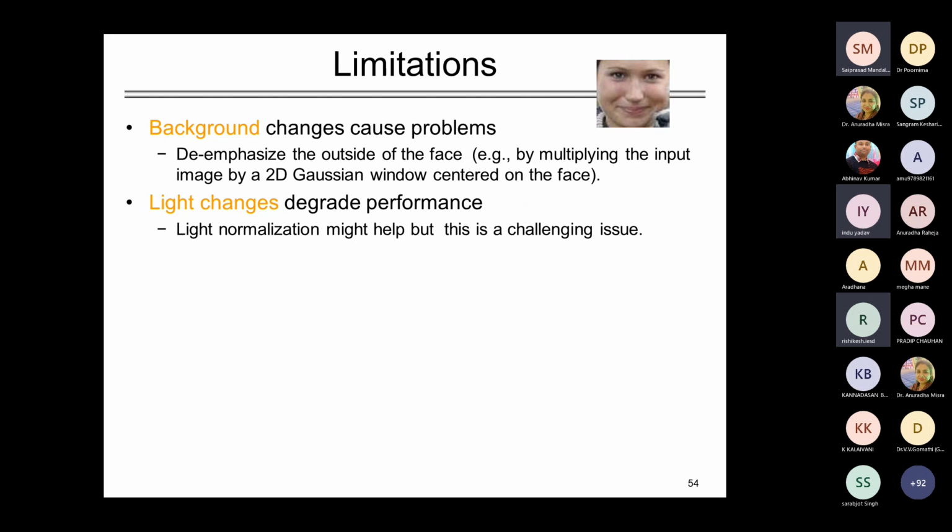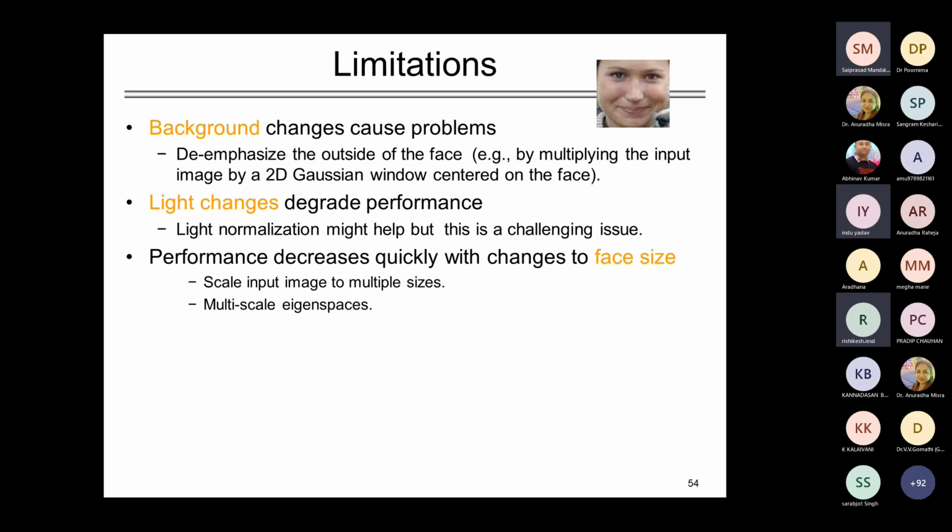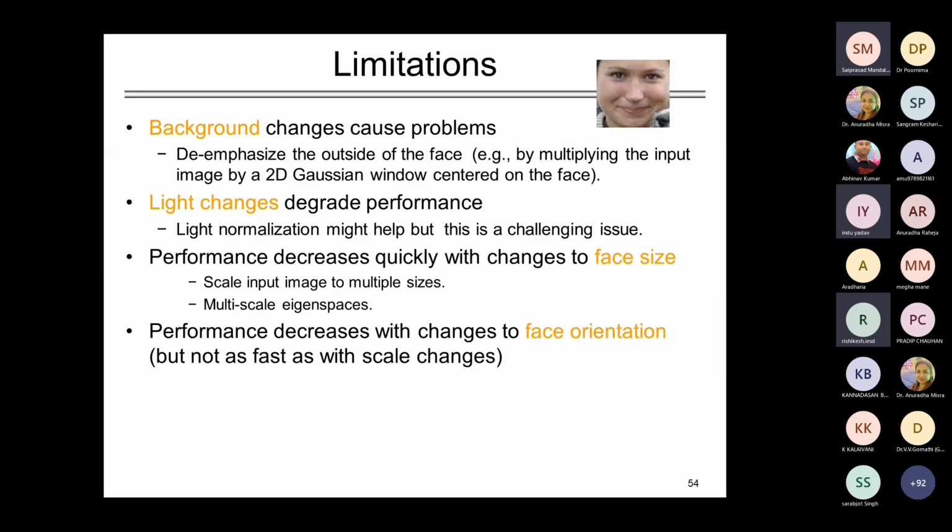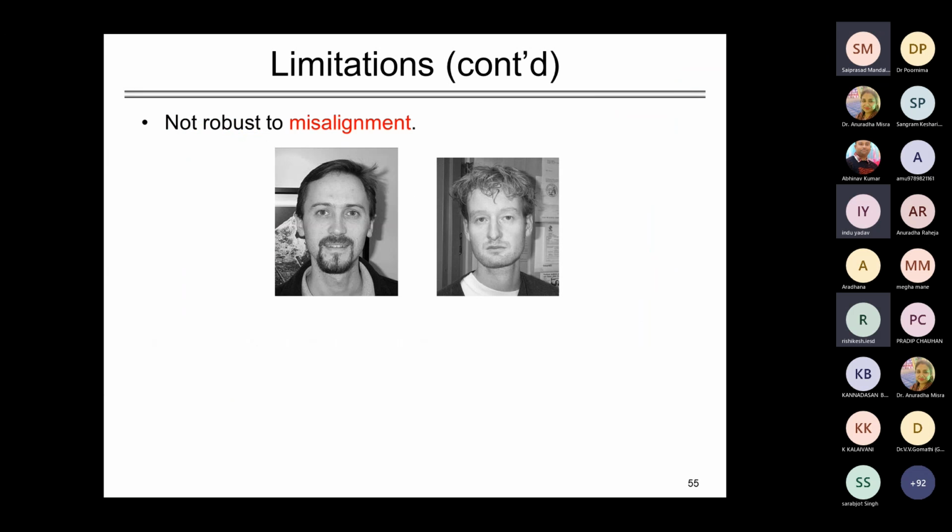Performance decreases quickly with changes to face size. Scale the input image to multiple sizes, using multi-scale eigenspaces. Performance decreases with changes to face orientation, but not as fast as with scale changes. Out of plane rotations are more difficult to handle. Use multi-orientation eigenspaces.